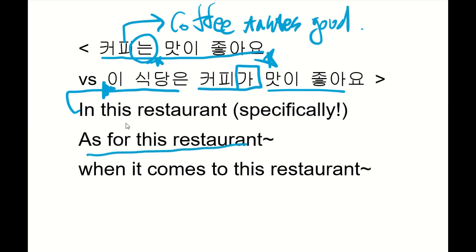You can translate 이 식당은 as for this restaurant, or when it comes to this restaurant. That's like when I recommend what you should try in this restaurant. 이 식당은 커피가 맛이 좋아요. Specifically, coffee is good, so you should try it. Then we use 이가, the subject marking particle. Okay.